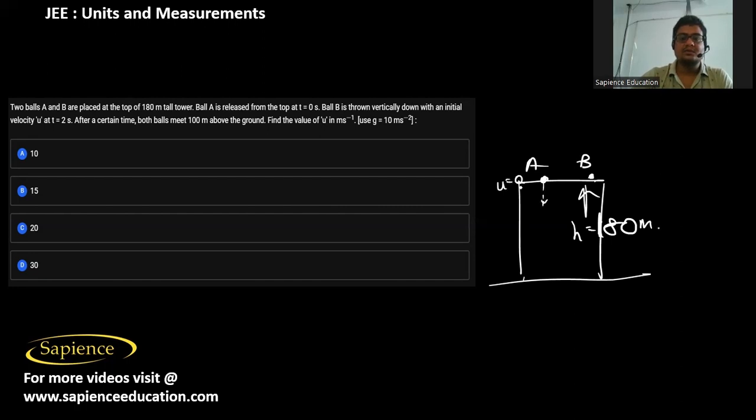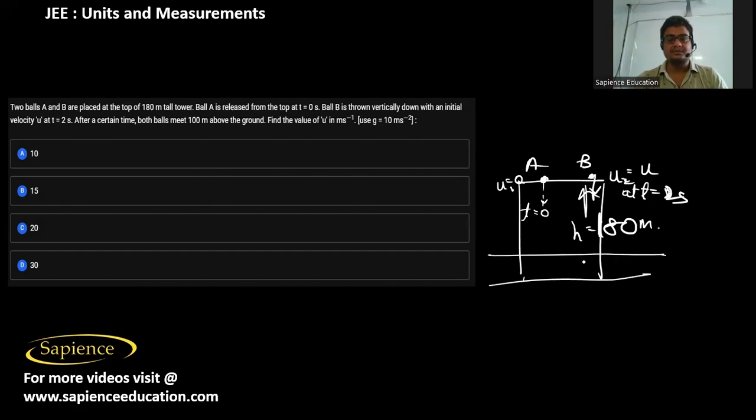So here u equal to 0, and it is released at t equal to 0, and ball B is thrown vertically downwards with an initial velocity u at t equal to 2 second. Then after a certain time, both balls meet 100 meter above the ground.